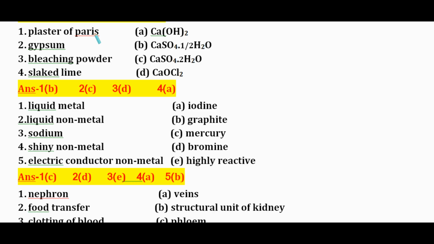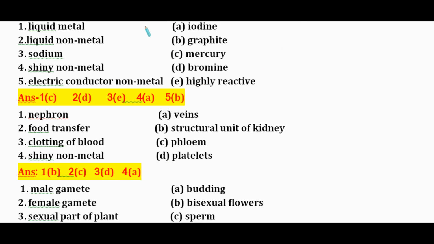Next match the column is plaster of Paris. It is CaSO4 half H2O. Next, gypsum. Its formula is CaSO4 twice H2O. Next, bleaching powder. Its formula is CaOCl2. Slaked lime. It is Ca(OH)2.